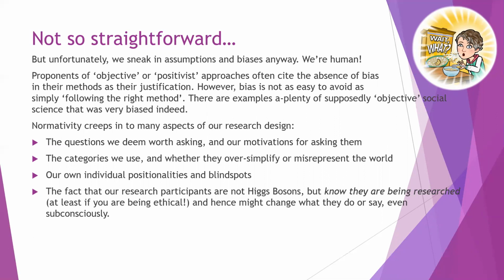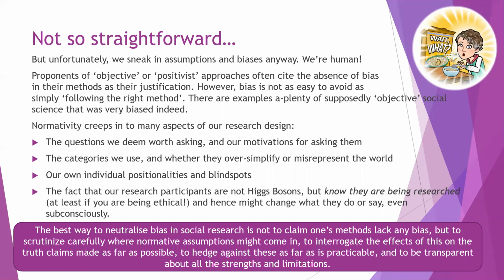They might change what they do or say under research conditions. Even if they're being totally honest, they might still do it subconsciously. It's not always intentional. But when you are researching social phenomena that involve people who are conscious agents and not just detached, inanimate objects to be researched, well, you've got a very different type of knowledge production on your hands.